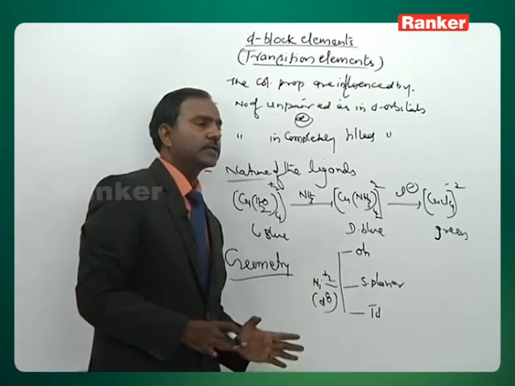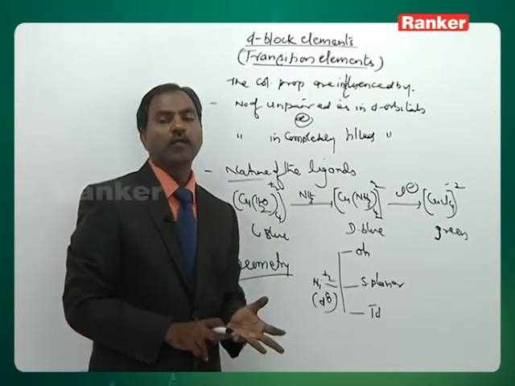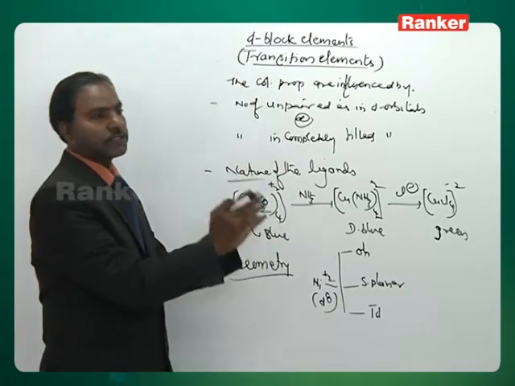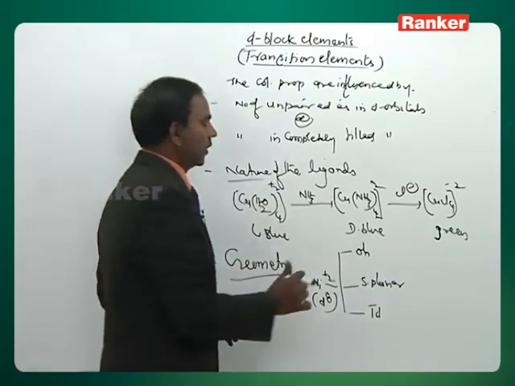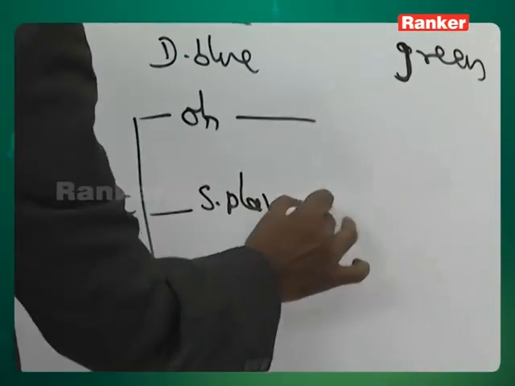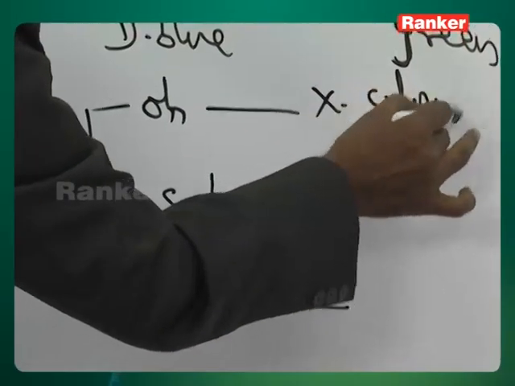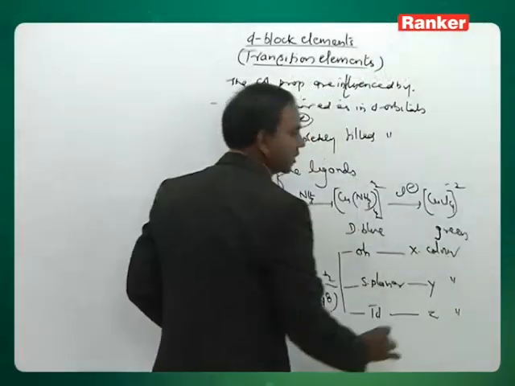In all these complexes, what is the metal ion present? Nickel 2+. What is the configuration? d8 only. In all these, the metal ion is the same and the configuration is the same. But since their geometry is different, these 3 definitely exhibit 3 different colors. Let me say the first is X color, the second definitely Y color, the third definitely Z color.